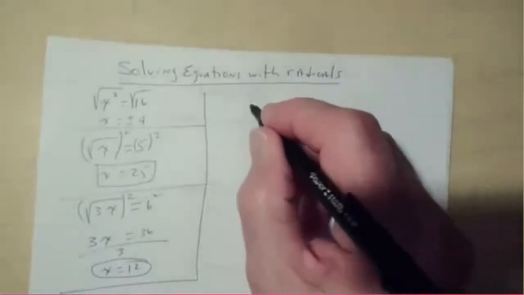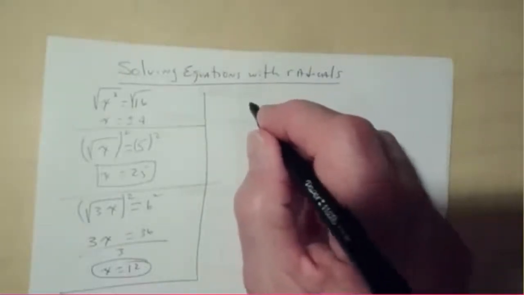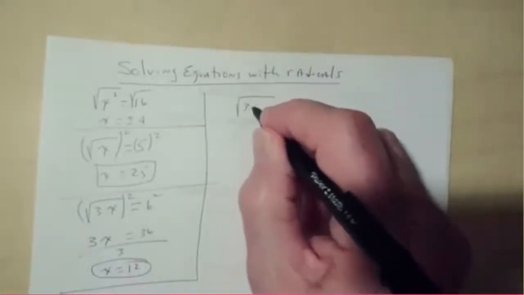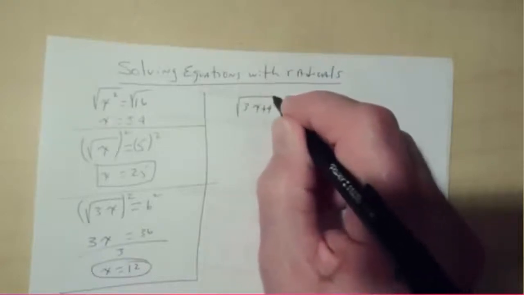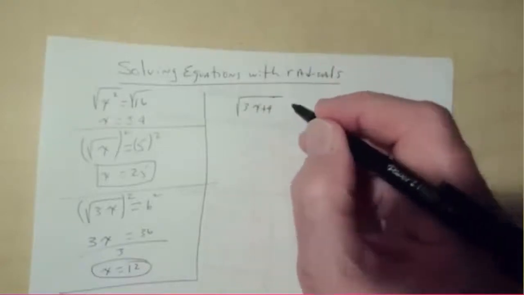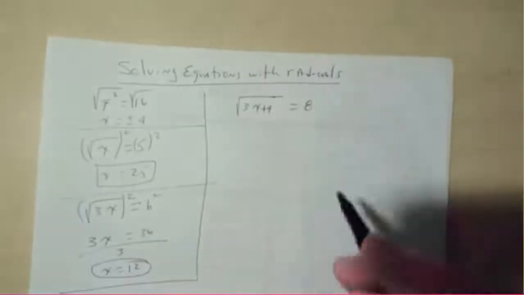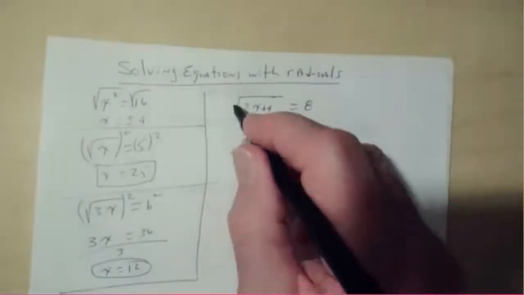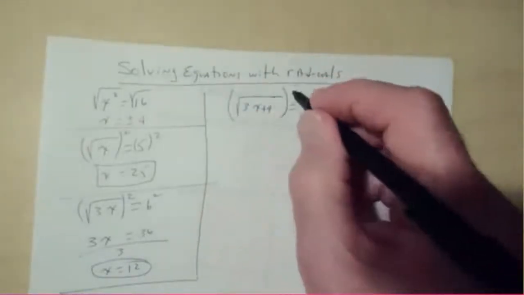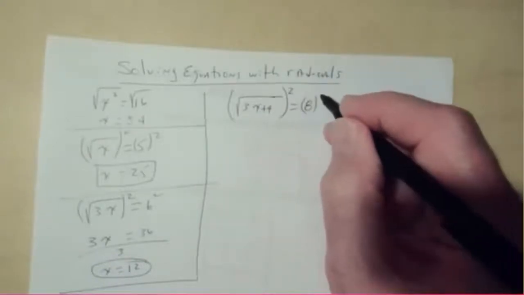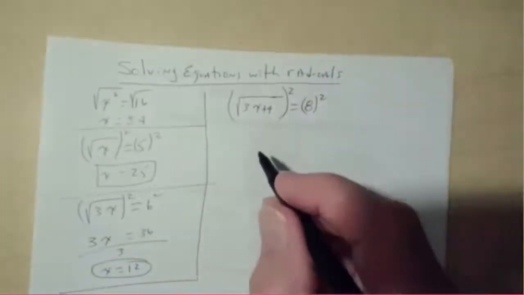And the same thing here. If we have the square root of 3x plus 4 equals 8. How do we get rid of the radical? We square it. Whatever you do to one side, you have to do the other.